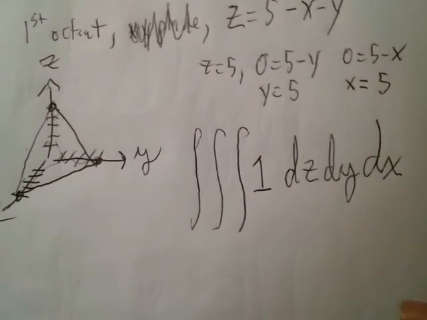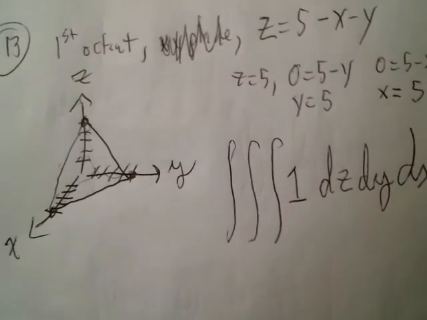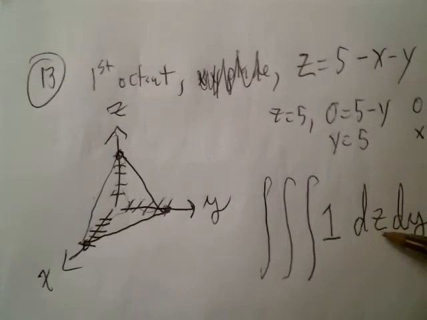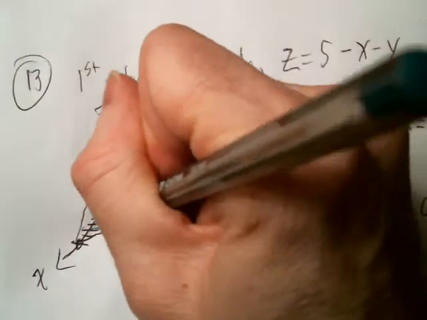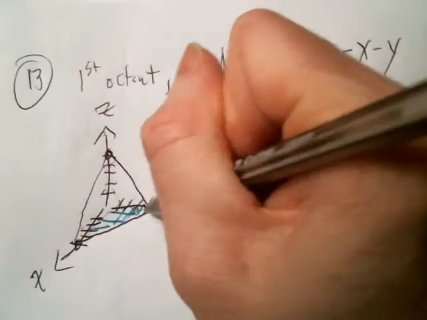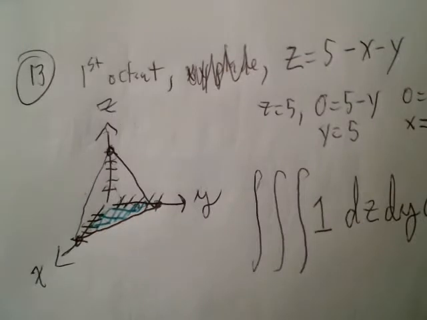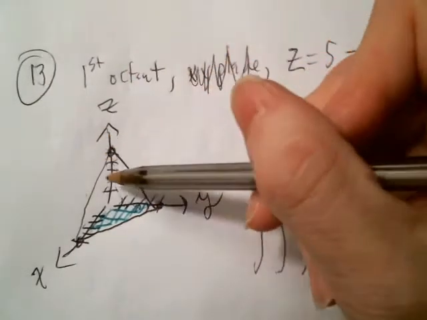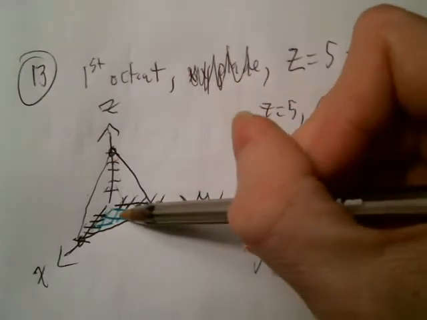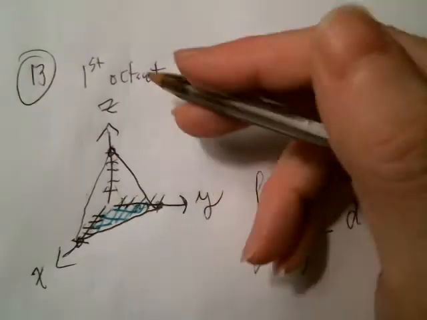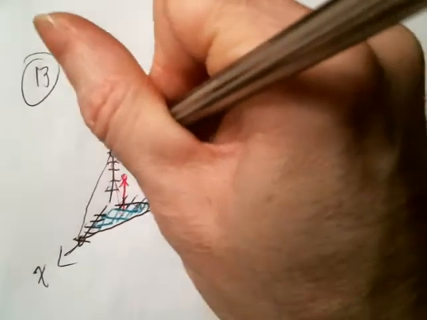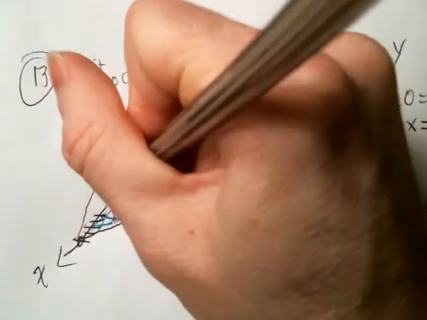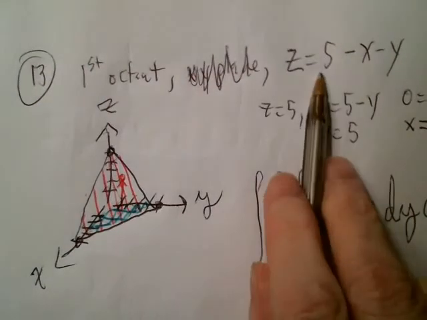Okay. So surface to surface, in order to pull that off, z equals something to z equals something. So z equals 0 is the xy plane here, right? And then you want to go from that surface to the surface that's on top. So this is like the floor, and then you want to go to the ceiling. So the ceiling is this triangle right here, which is given by this plane here.